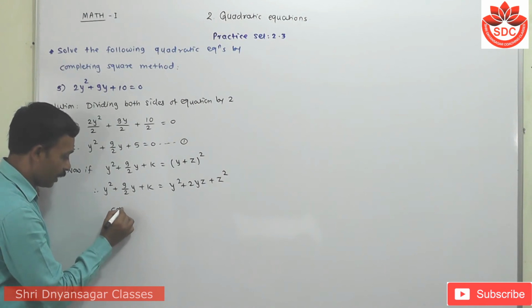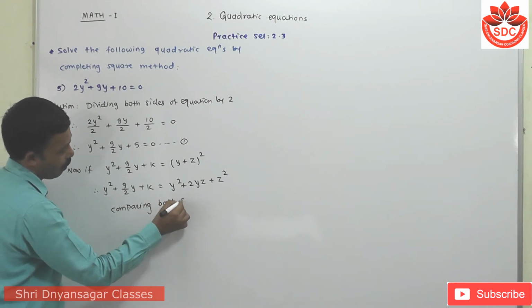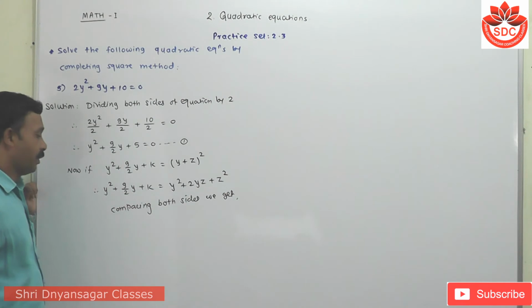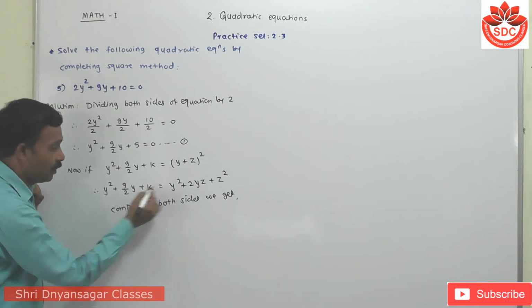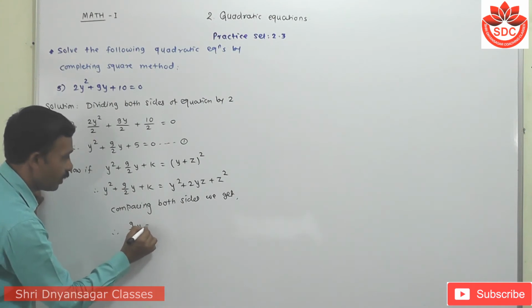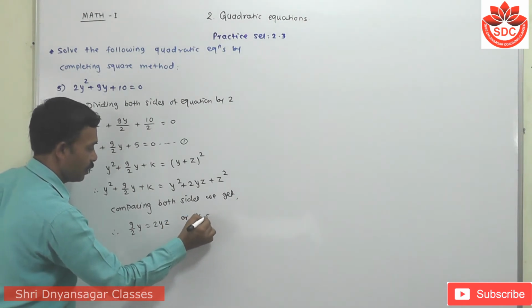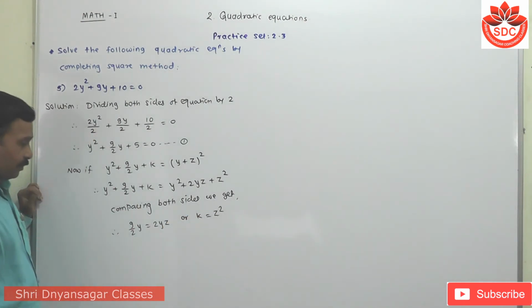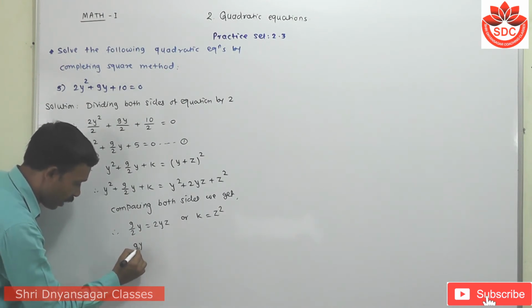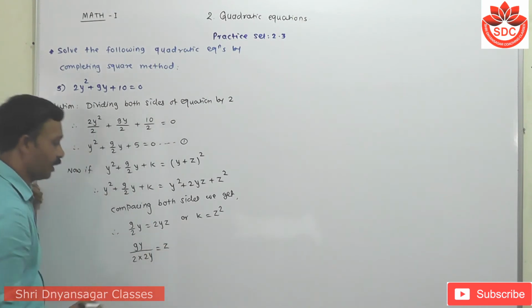Comparing both sides we get y square is y square. This value becomes this one, meaning 9 upon 2y is equal to 2yz, or k is equal to z square. Transpose this 2y to the other side, we get 9y upon 2 into 2y is equal to z.